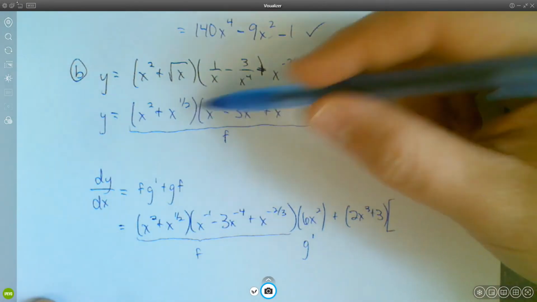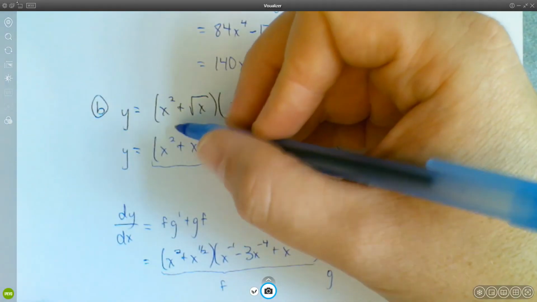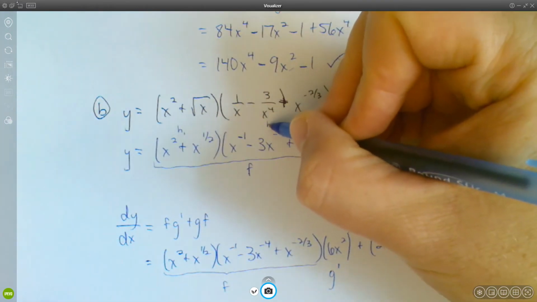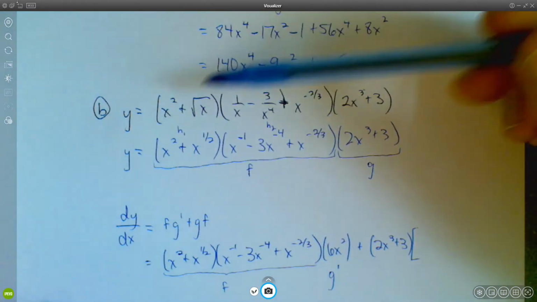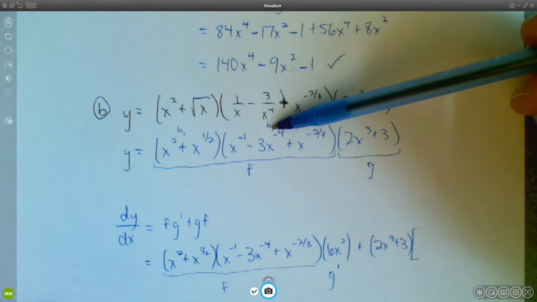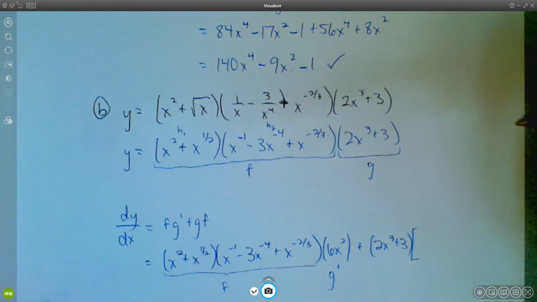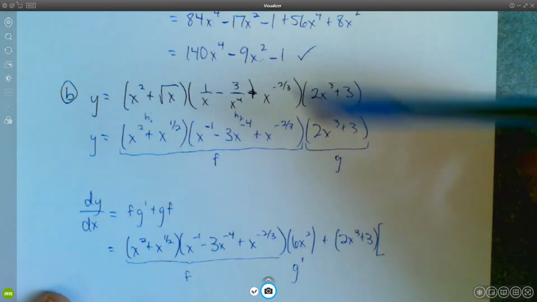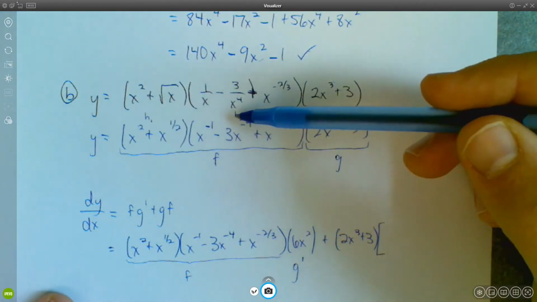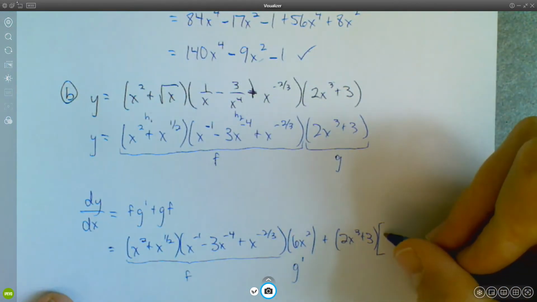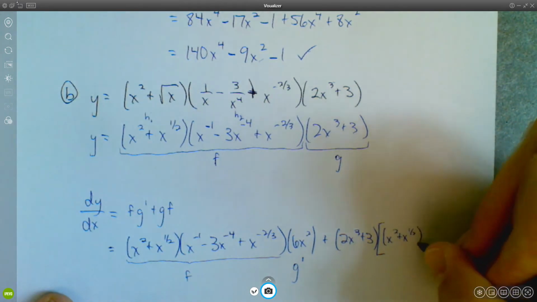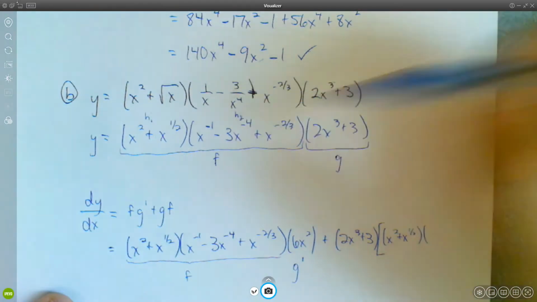So if I break this down further, maybe I can call this h1 and h2. And I want to do h1 times h2 prime plus h2 times h1 prime. Okay, so let's see if we can do this. So it's going to be h1 times h2 prime. So that's x squared plus x to the 1/2 times h2 prime.